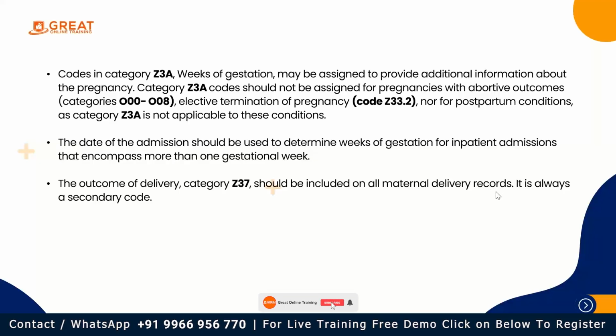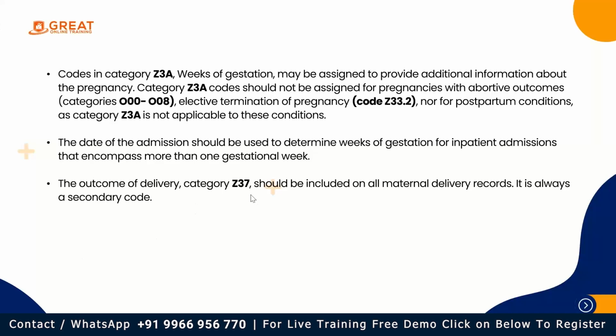Okay, when actual delivery happens, on that record only we have to use the G37 code, and this is always a secondary code. We should not use this code as a primary code, because obviously when delivery happens, we have to use the first code for normal or cesarean delivery or any complication related to delivery.